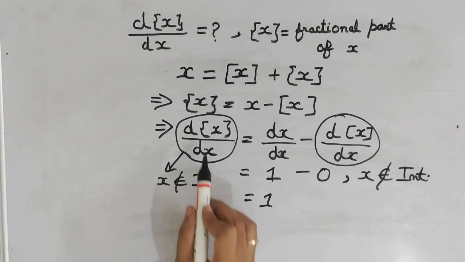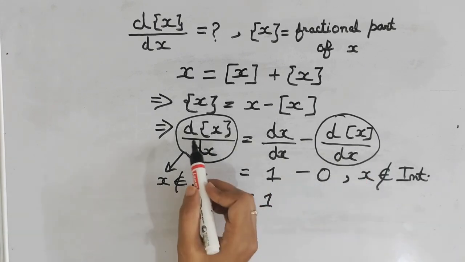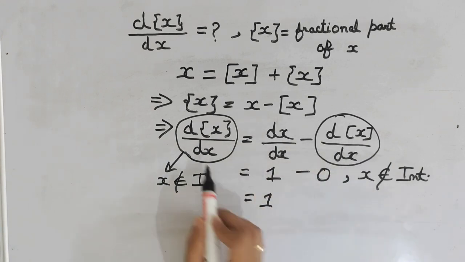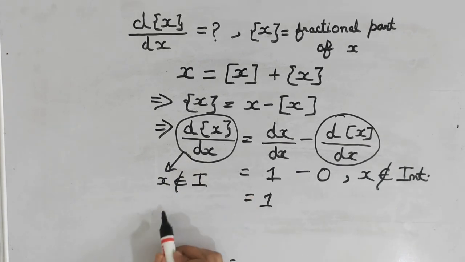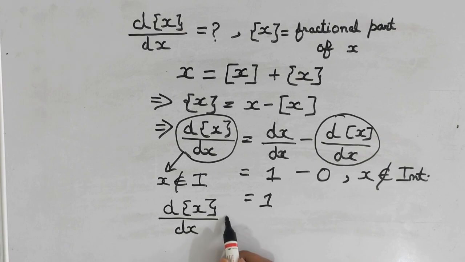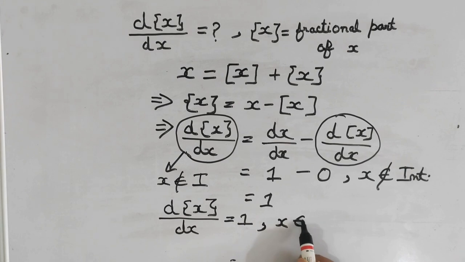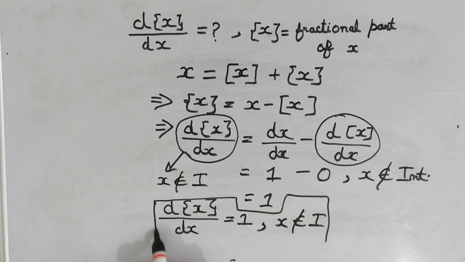Otherwise, if x is an integer, this would be undefined, and 1 minus non-differentiable is non-differentiable. So we can say the derivative of the fractional part of x with respect to x is always 1 when x is not equal to an integer. I hope this concept is clear.